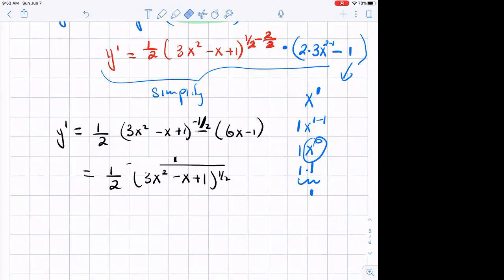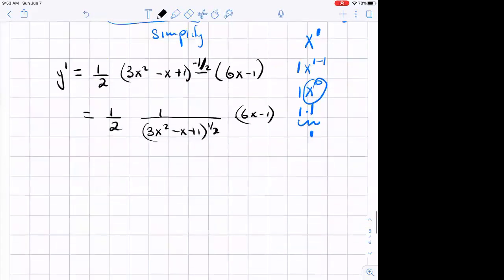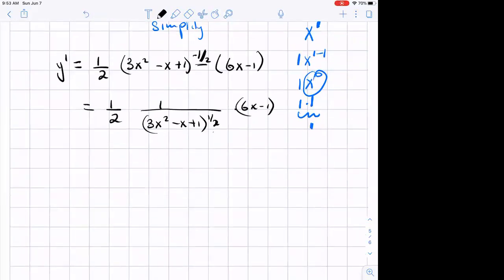Actually, let me write that properly. 1 over 2 times (3x squared minus x plus 1) to the negative 1/2 power, times 6x minus 1. This 1/2 power we know means square root.